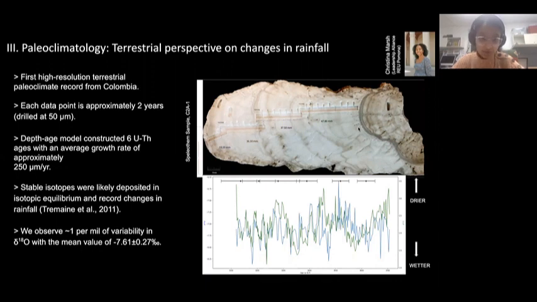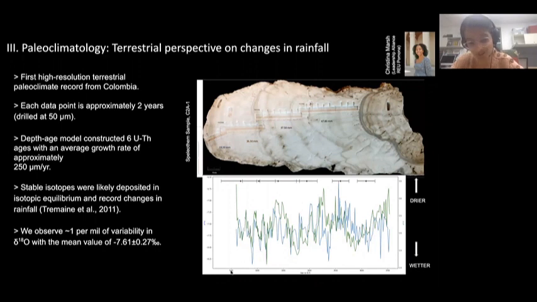The stalagmite was drilled at 50 micrometer resolution, and based on our age model, we're looking at 2 years per data point. We think the data was deposited likely under isotopic equilibrium conditions, and in addition to that, this is the first high-resolution terrestrial paleoclimate record from Colombia.